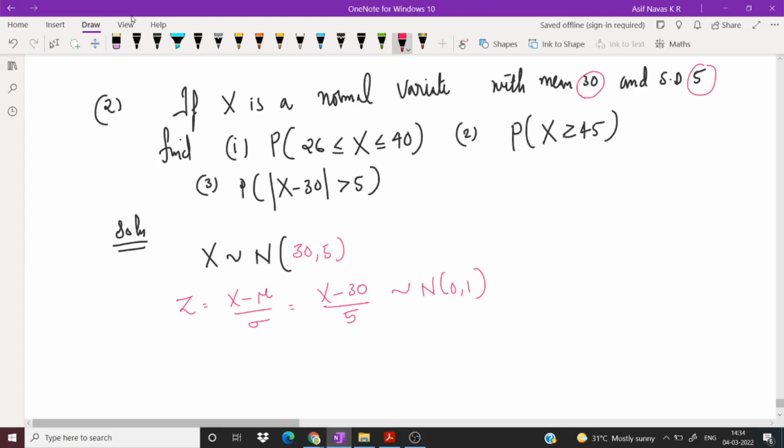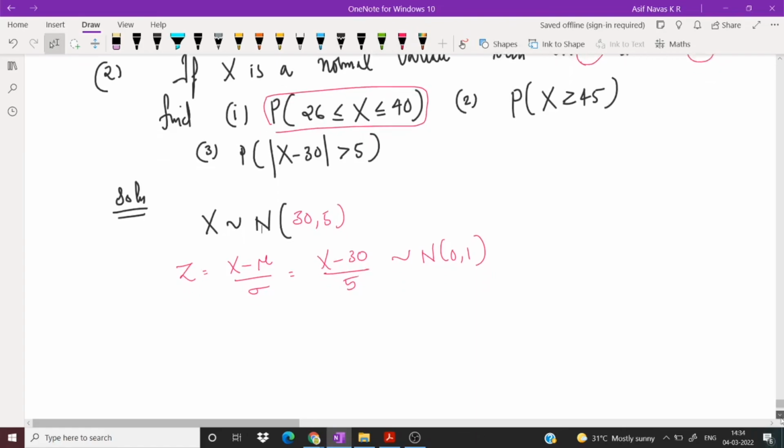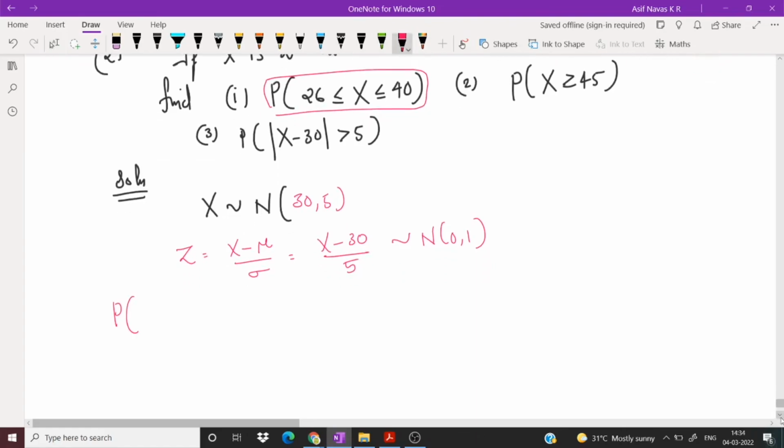Okay, now I have to find this probability. First I will find the probability of 26 less than or equal to x less than or equal to 40. I will convert it into standard normal: 26 minus 30 divided by 5 less than or equal to x minus 30 divided by 5 less than or equal to 40 minus 30 divided by 5.